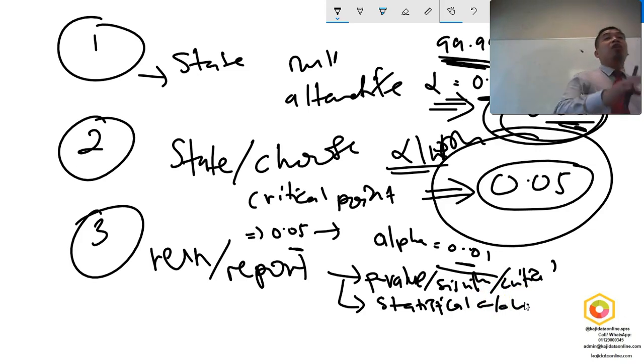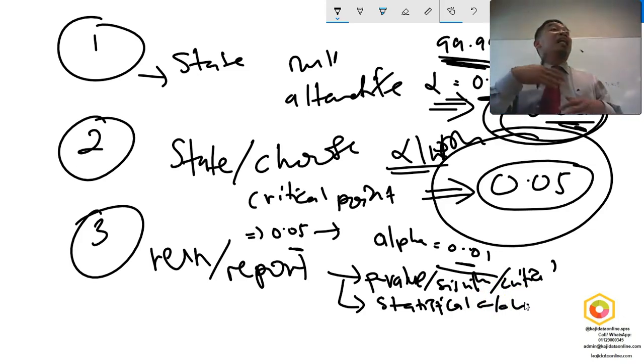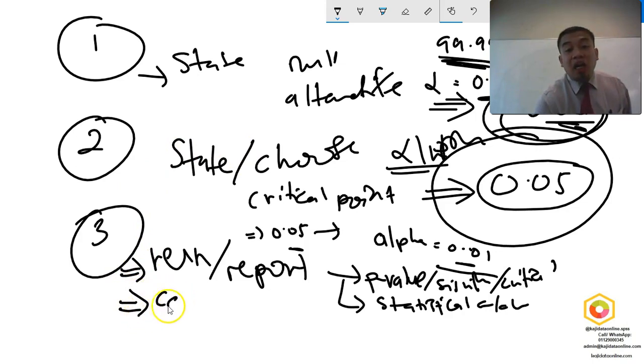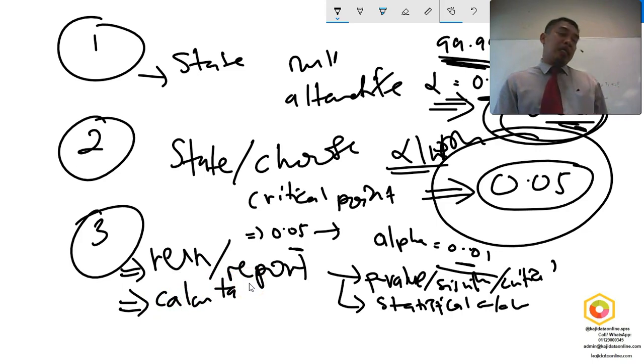Unfortunately, for my students, in terms of the epidemiological students, they can run the analysis, but they also need to calculate using a manual calculation.